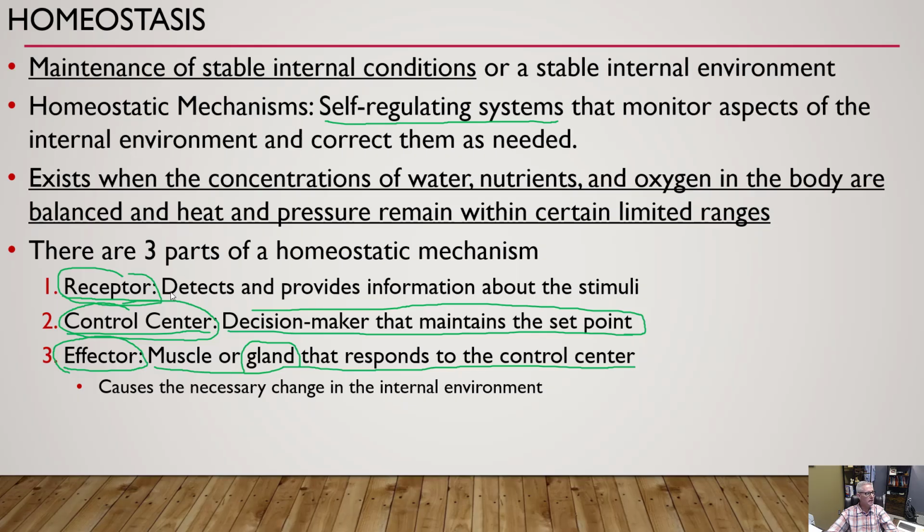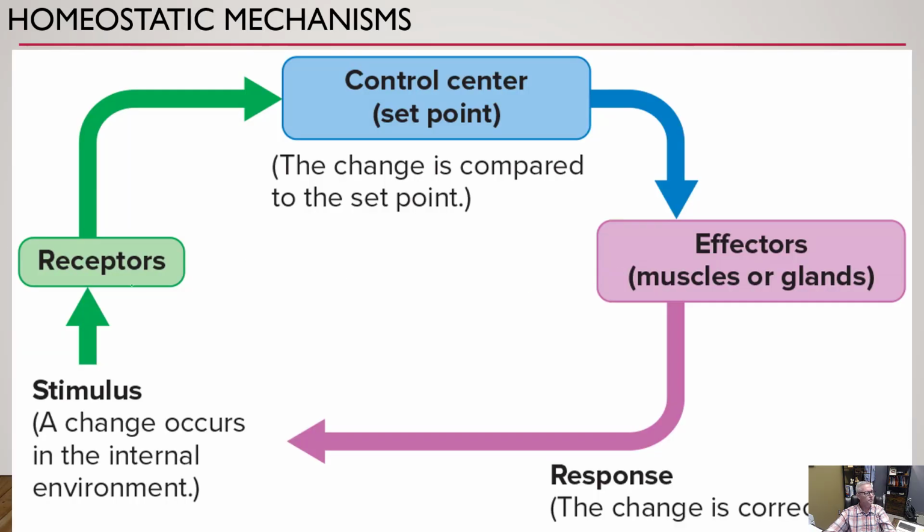And then we're going to repeat the 3 steps. We're going to have that receptor, control center, effector, and as long as our blood sugar is still out of whack, if it's too high, we're going to continue dumping out insulin until our blood sugar is within normal range.